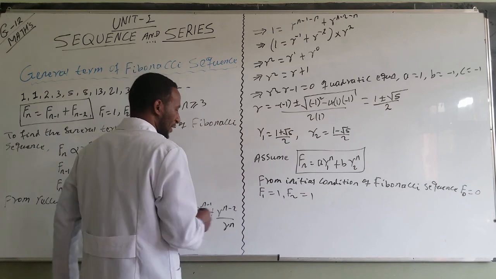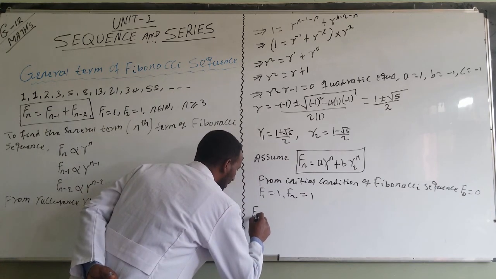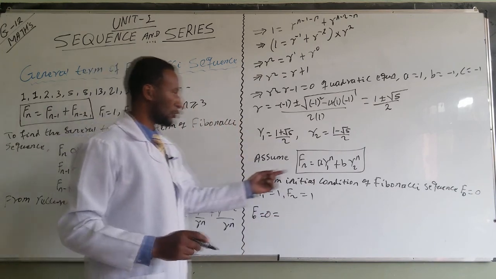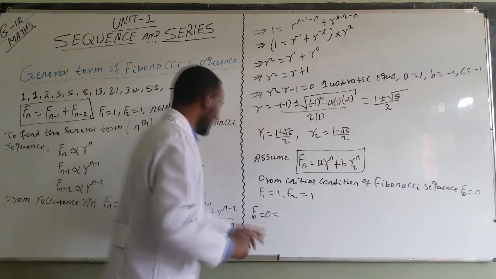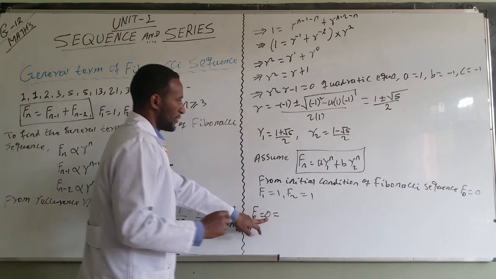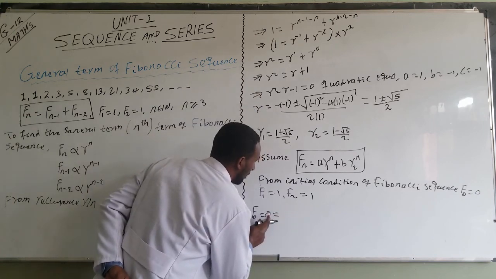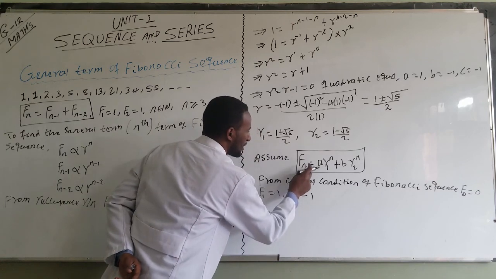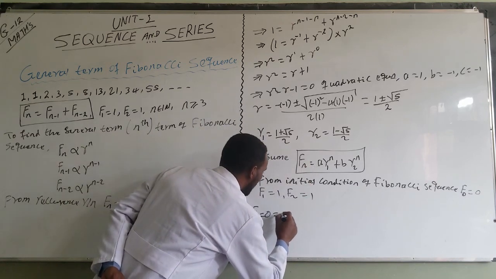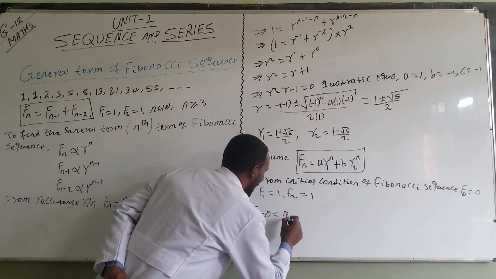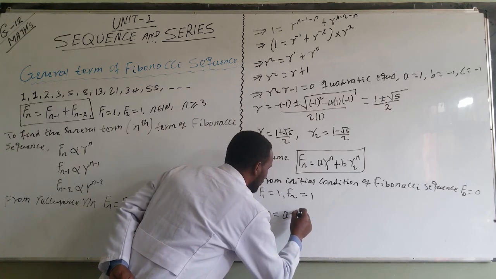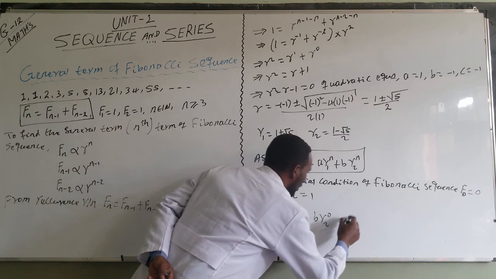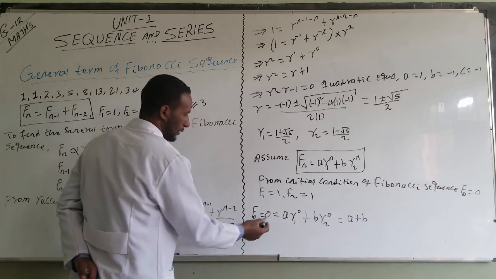To find the value of A easily, we take n equal to 0. Then by using this formula, f of 0 is equal to 0, which is A times R1 to the power of 0 plus B times R2 to the power of 0, which is equal to A plus B, which is equal to 0.